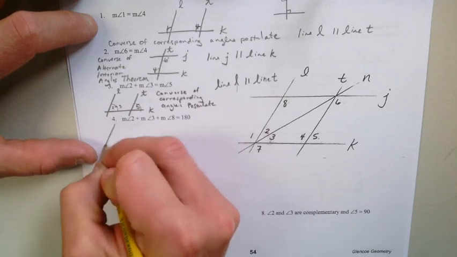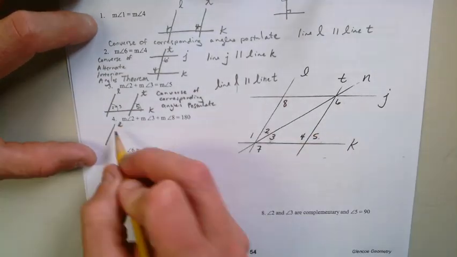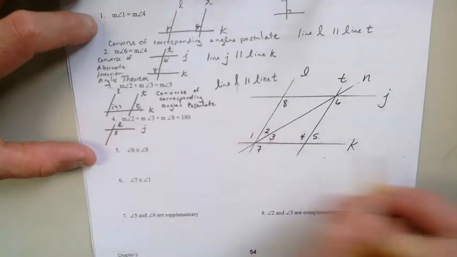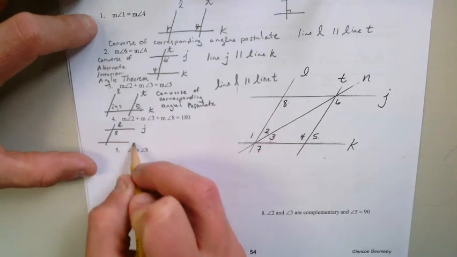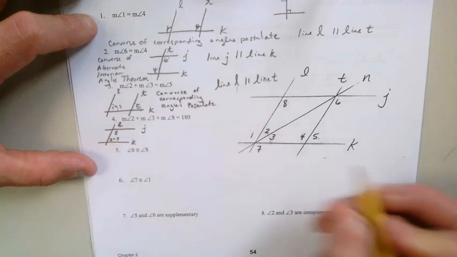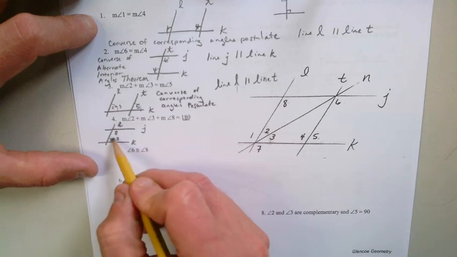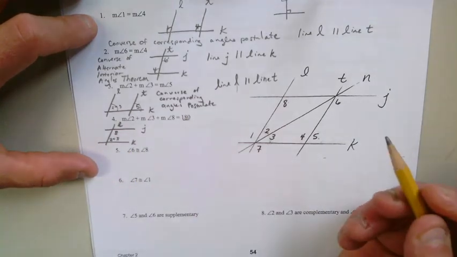So I'm going to put down that this is line L. The other line that makes up 8 is J. And the other line that makes up angles 2 and 3 is K. Now these two angles are adding up to 180. Well, if you look, these are what we call consecutive interior angles, or I could call them same side interior angles. I'm going to go down just a little bit more so we can see that just a little bit better.